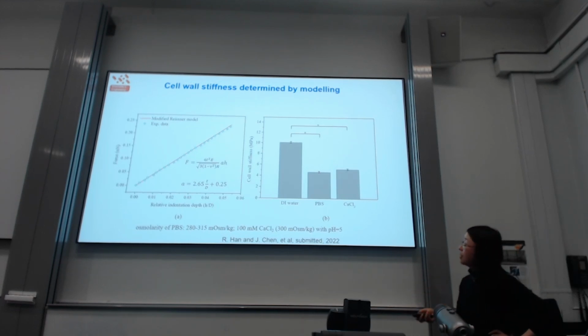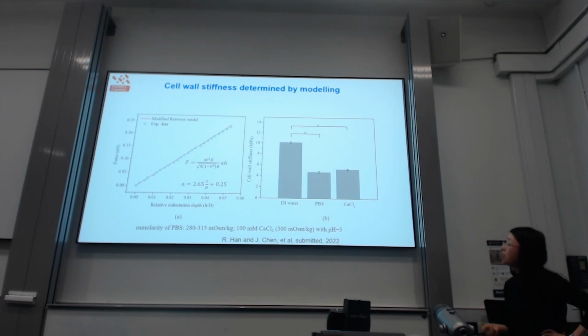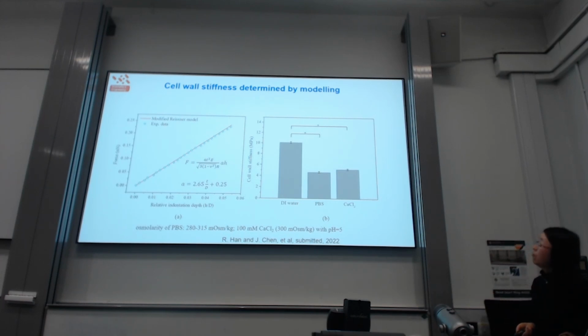Once we modified that model, we can predict the force-displacement curve when indenting the bacteria. Then what we found is that when we put the bacteria in different osmolality conditions, the cell wall stiffness decreases when we increase the osmolality.